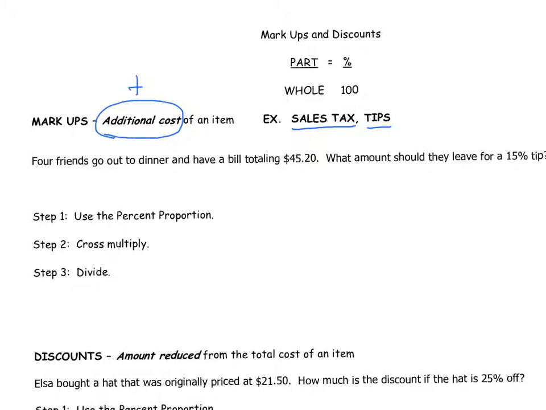So the first question says, 4 friends go out to dinner and have a bill totaling $45.20. What amount should they leave for a 15% tip? Well, for these problems, the money that they give you in the problem is going to be our whole. That is our whole right there.